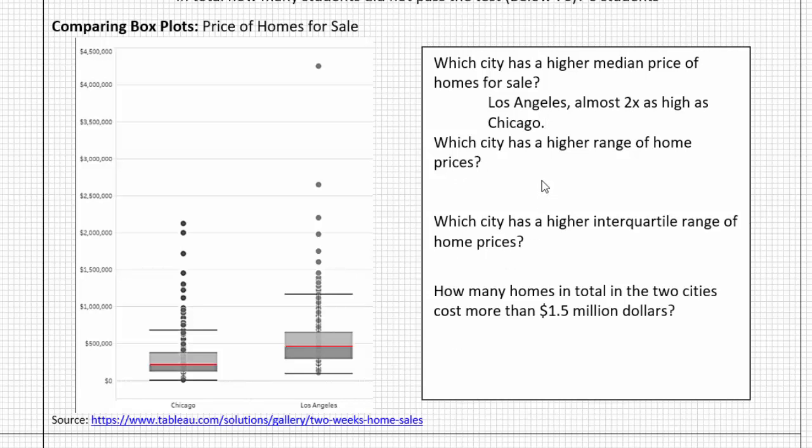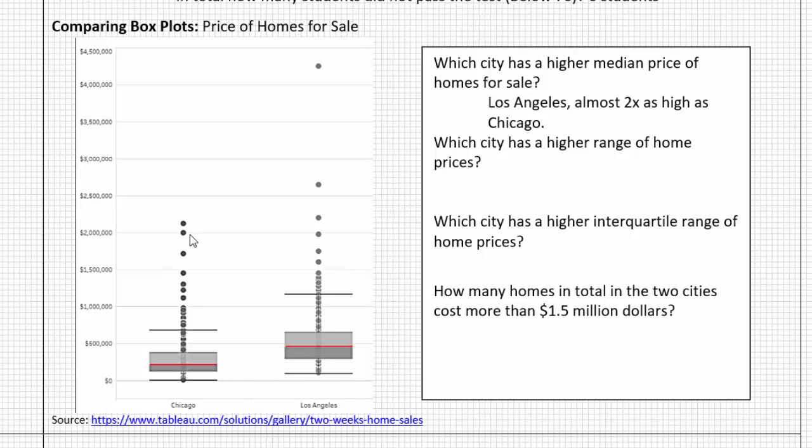Well, once again, range is calculating from the lowest point to the highest point. In this case, though, why are these points not included in this whisker? The whisker for this top part of the data, the top 25%, stops right here at just over $1 million. Whereas with Chicago, that top whisker stops at maybe about 700,000.